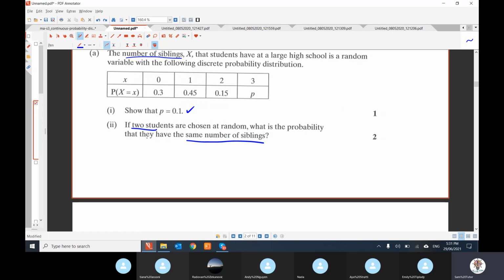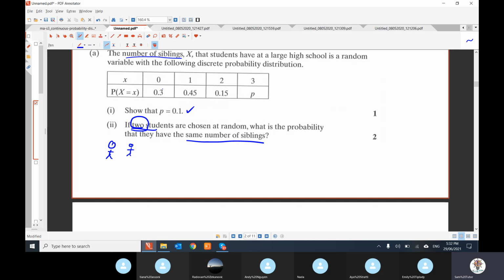Is it like 0.3 times 0.3 plus 0.45 times 0.45 plus, and then the rest? Yeah, that makes sense. If 2 students are chosen at random, there are your 2 students.